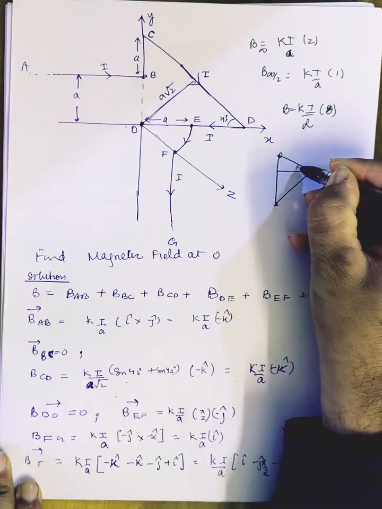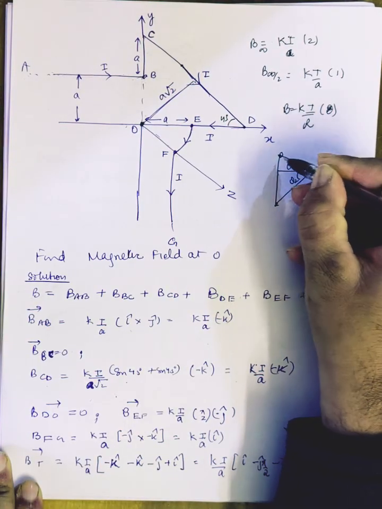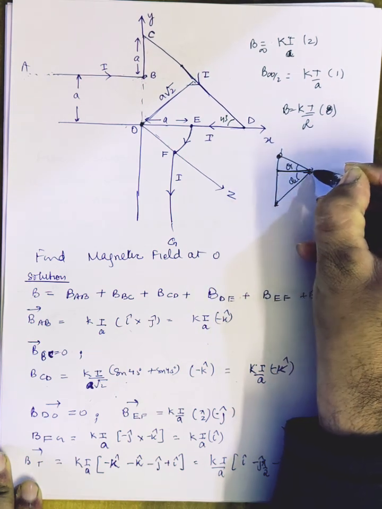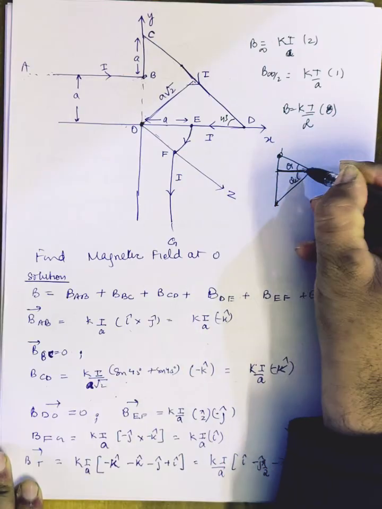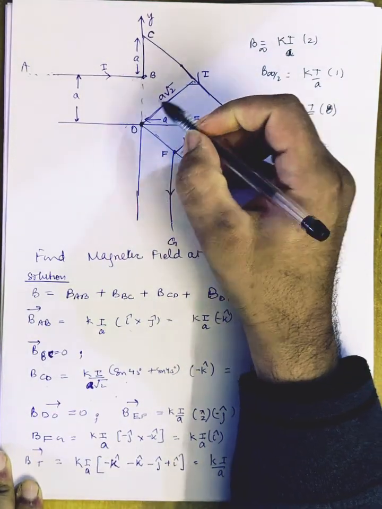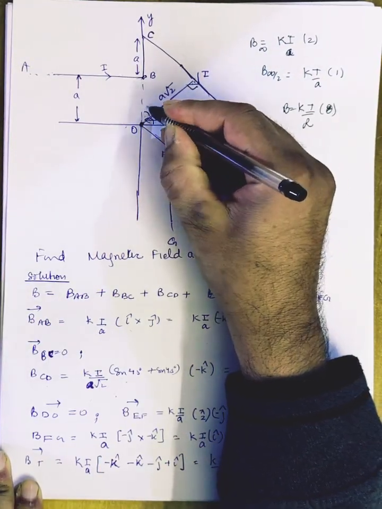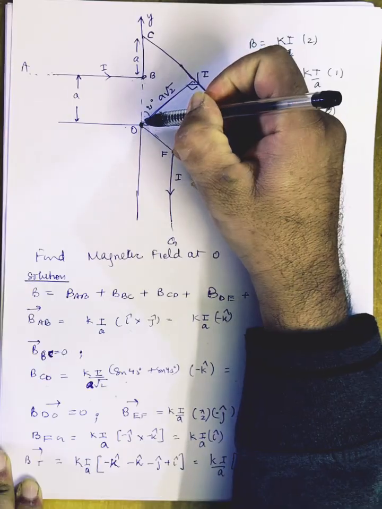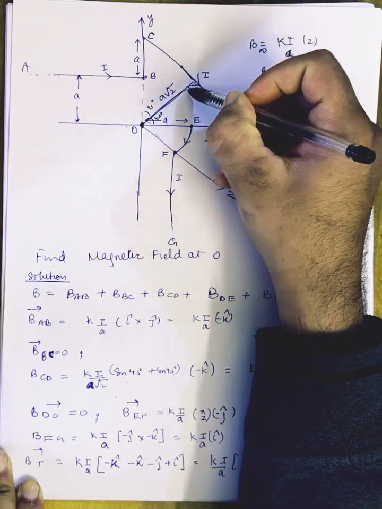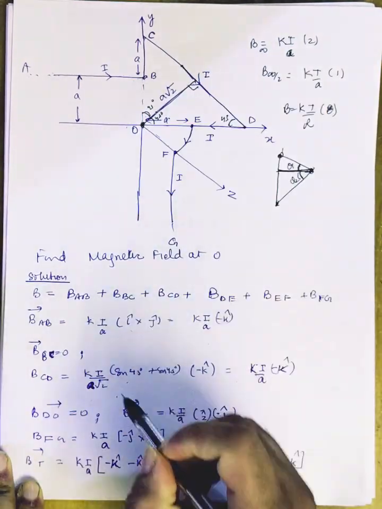If this is angle theta 1 and this is angle theta 2, it is the angle the point makes with the end points, and we take these angles from the perpendicular line drawn from the point to the wire. Here in this case, this is 45, this is 90 given in the question. This is 45 and this is also 45. From the point of interest you take a line up to the end points of the wire, and you take the angle from the perpendicular drawn to the wire. That is 45 degrees. That is theta 1 and theta 2 for you. That is what I have taken.